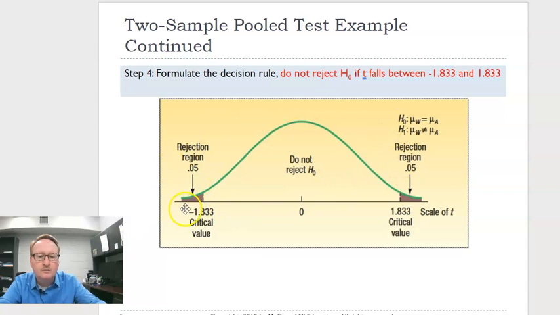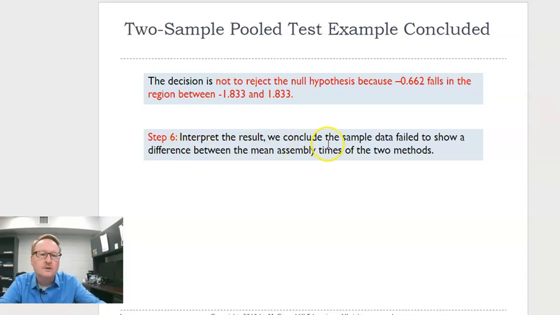This is the rejection region, and because that value is within here in the do not reject region, what does that mean? We conclude the sample data failed to show a difference between the mean assembly times of the two methods. So we failed to reject the null.